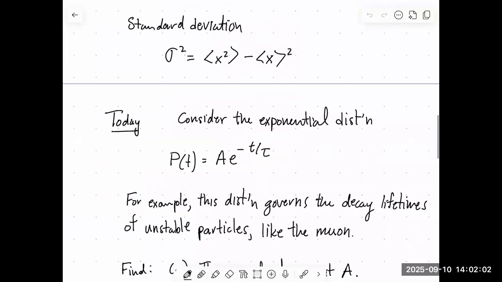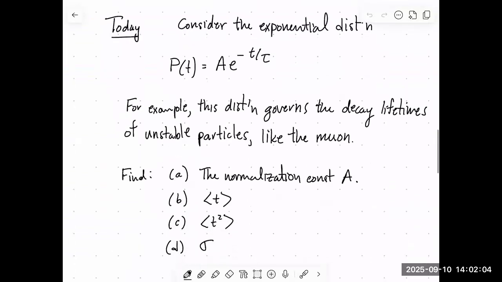So what I want to do first today is do an example where we apply these techniques. I'm going to try to do an example that is relatively straightforward, but also has some relevance to actual physics. So the distribution that I want to think about is the exponential distribution.